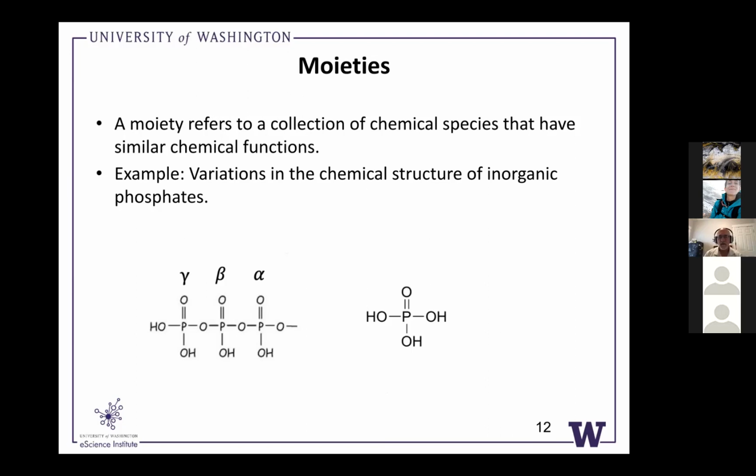If we look at this over here, all of these phosphate groups, inorganic phosphate groups, are examples of an inorganic phosphate, but they have very different character, they actually have different atomic structures. Like this gamma phosphate over here has 2 hydroxys, and then the oxygens over there, but that's a bit different from the beta.